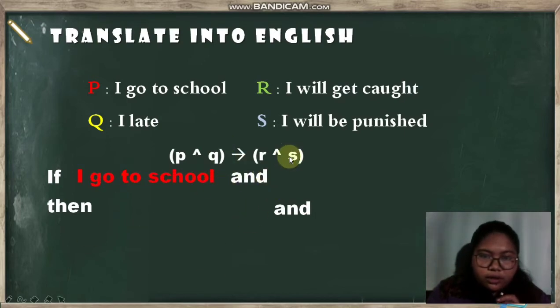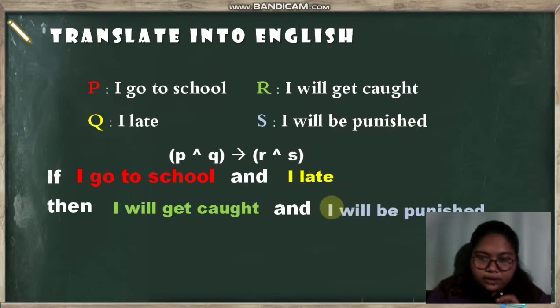Q is I am late, so here we write I am late. Then R is I will get coached, and the last one, S, is I will be punished. So we can translate if P and Q, then R and S into: if I go to school and I am late, then I will get coached and I will be punished.